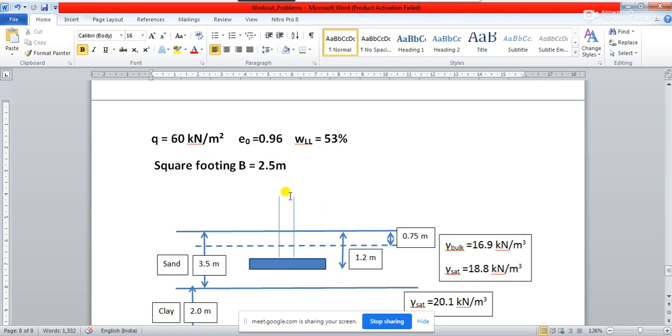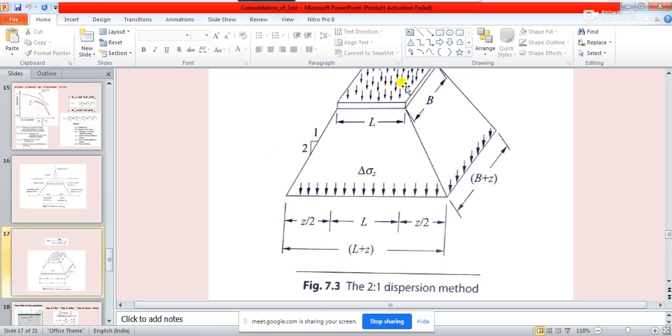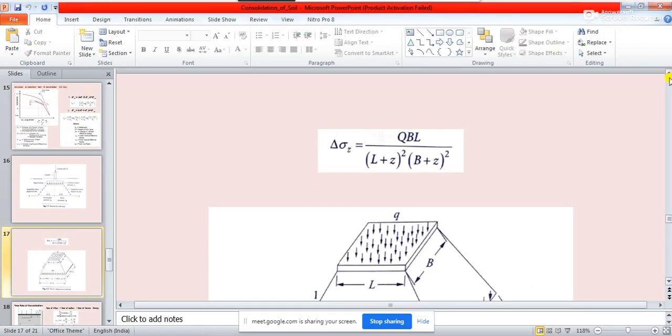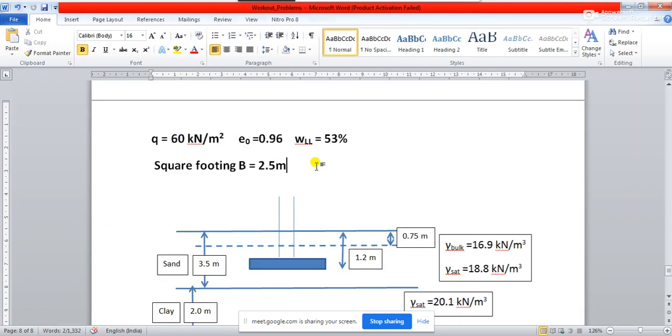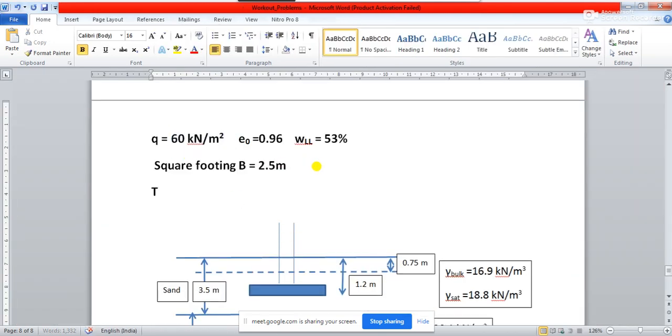And how much load is coming through this column to this footing? On this footing there is a load acting, 60 kilonewton per meter square. That means if you see this diagram, 60 kilonewton per meter square load is coming, right? Small q. So if you take this small q value, then what will be the value of the total load?